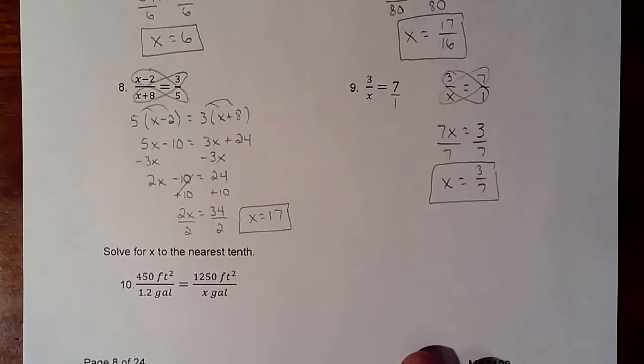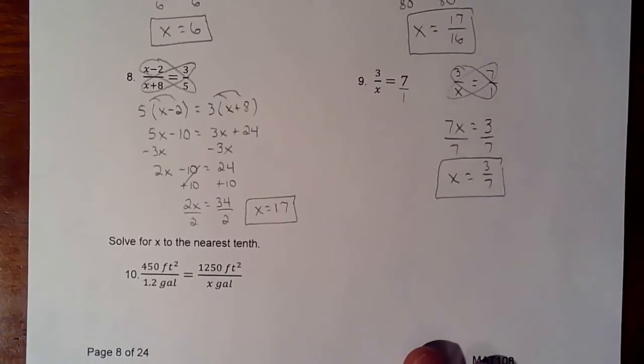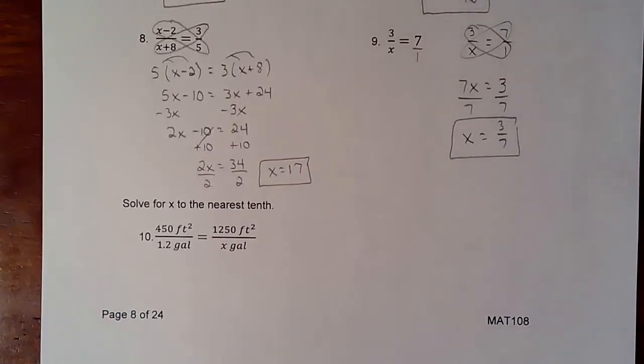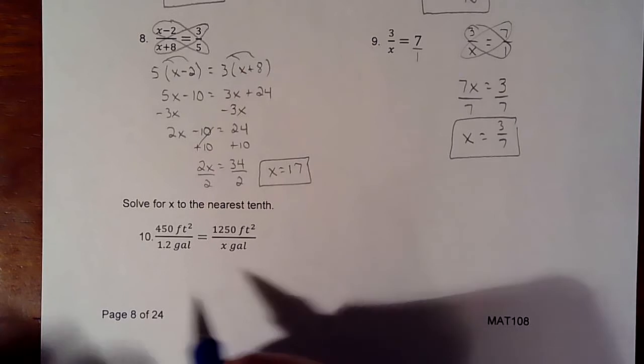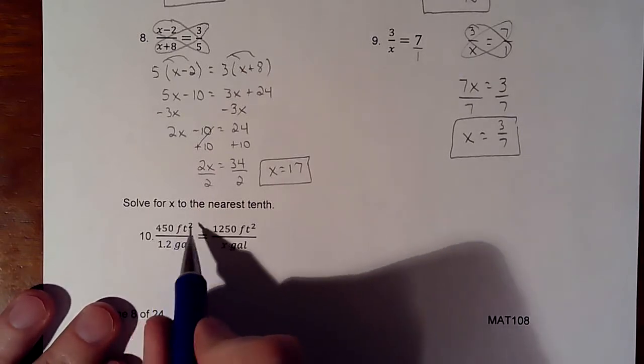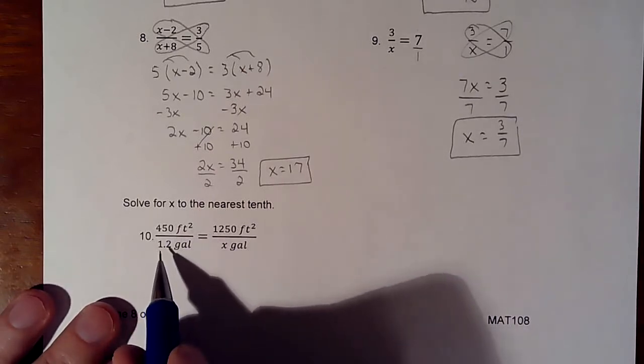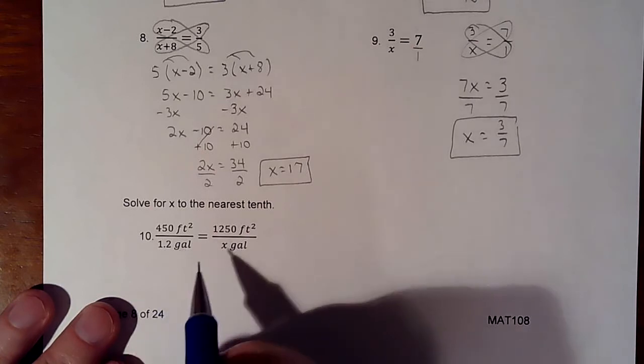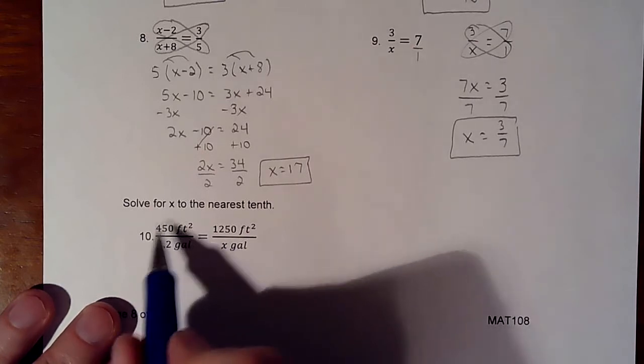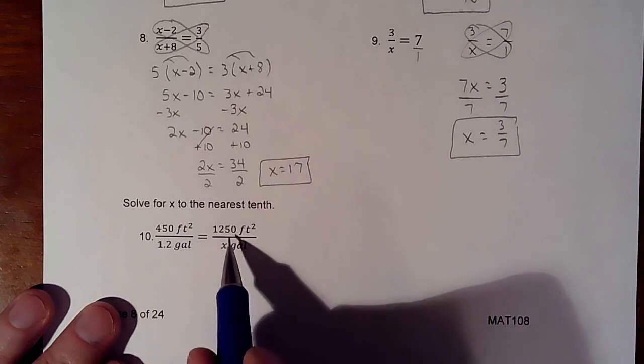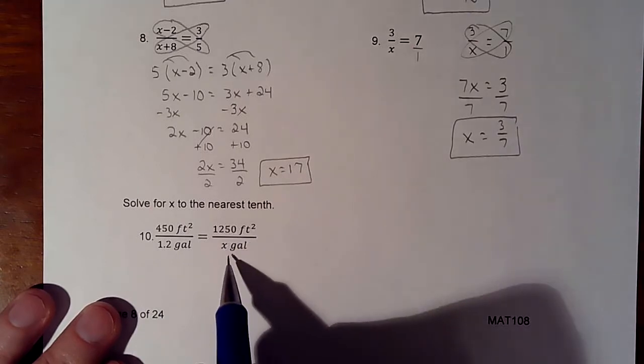And then we've got one last one with some numbers thrown into this mix, but we have a proportion. We have 450 square feet for 1.2 gallons. Maybe it's paint. So 1.2 gallons covers 450 square feet. If you have 1,250 square feet, how many gallons would you need?